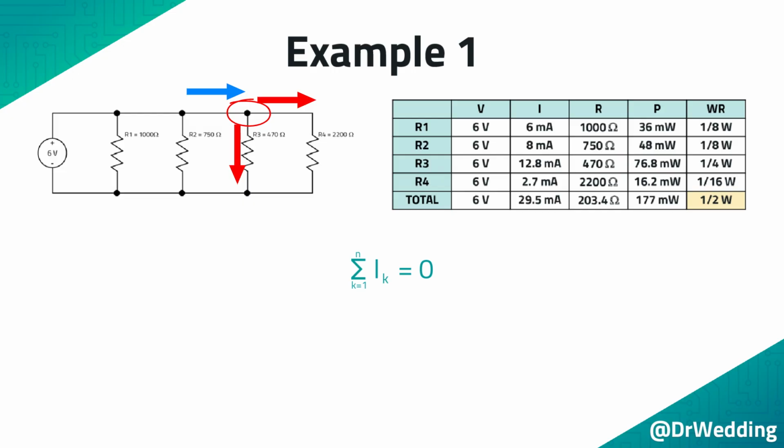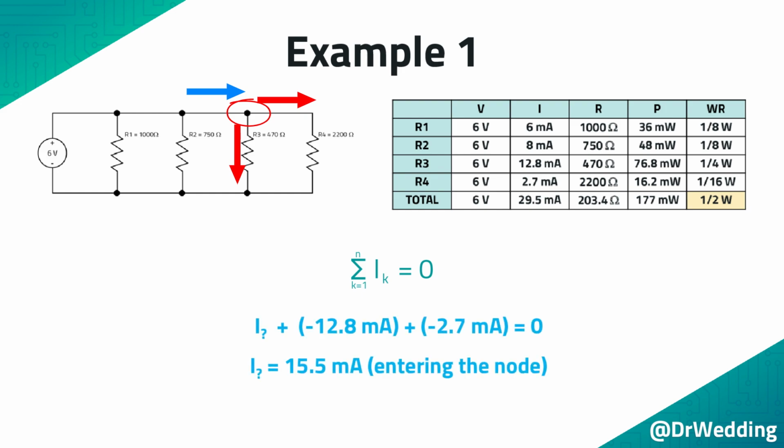The blue current is the current that is feeding the node. To use Kirchhoff's current law, we add up these 3 currents, where the currents entering the node are positive and the currents exiting the node are negative. To make this equation equal to 0, the unknown current is positive 15.5 milliamps. Because this current is positive, it is entering the node.